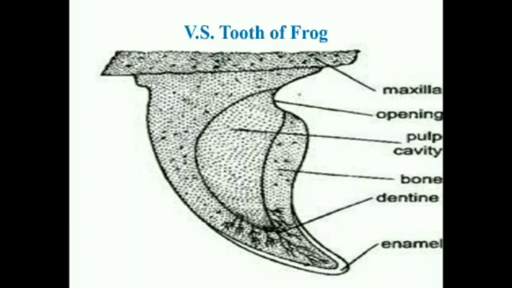It is an acrodont type of attachment. Then the crown is covered by enamel. The crown also contains dentine which encloses the pulp cavity, and the pulp cavity contains pulp that helps in nourishment of the tooth during its growth. Got it? So this is the very first part, the buccopharyngeal cavity.